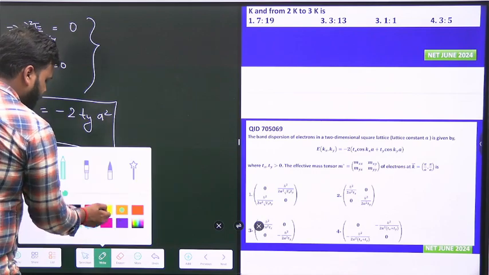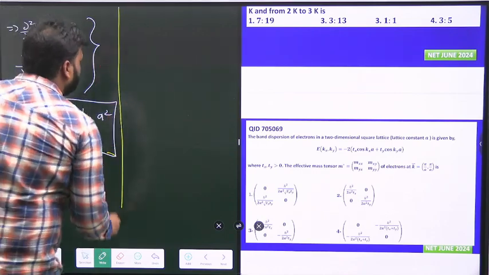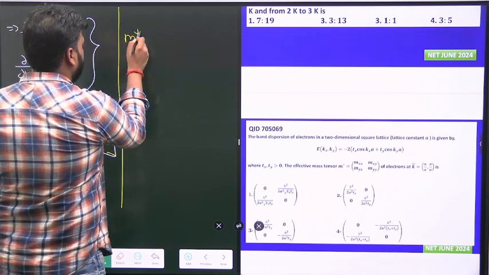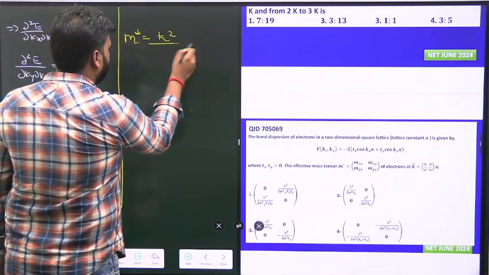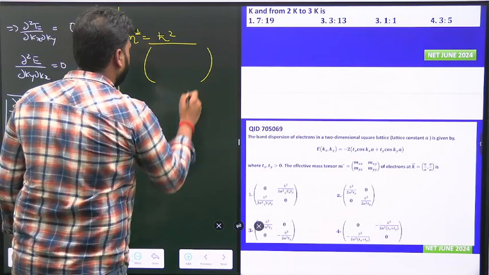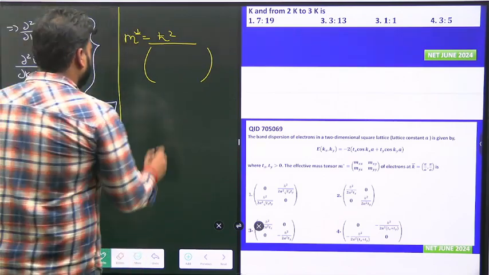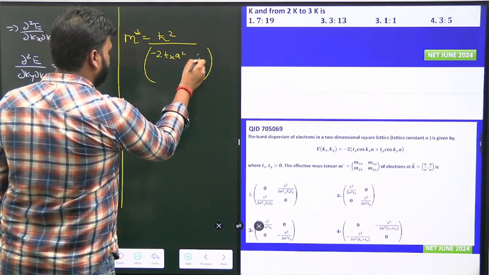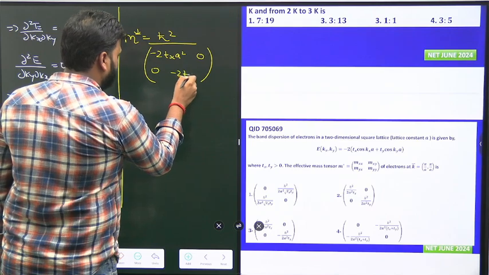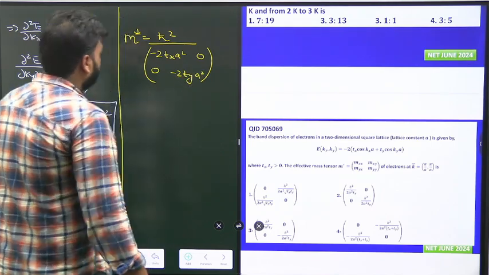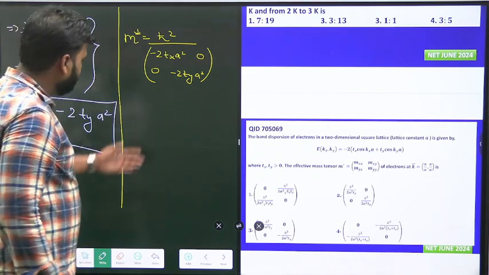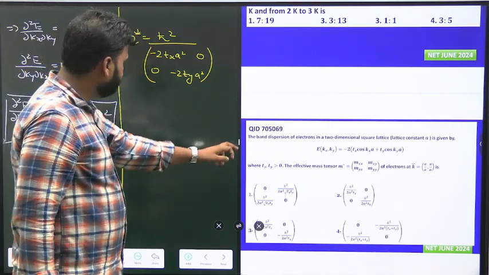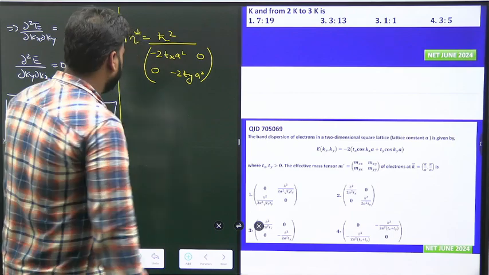Now let's put the values in this equation. So what we had is m star equal to nothing but h cut square by all these 4 factors. So we have minus 2 tx a square, 0, 0, minus 2 ty a square, right? So this is your answer. If you see the options, I guess option number 3 is correct, right?